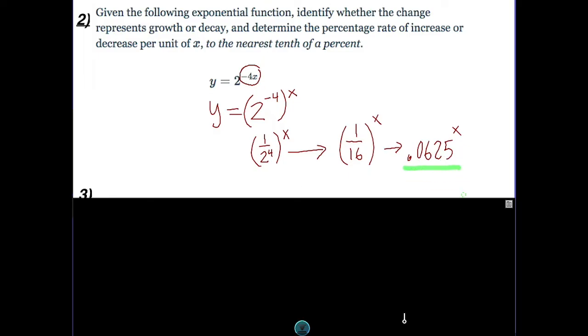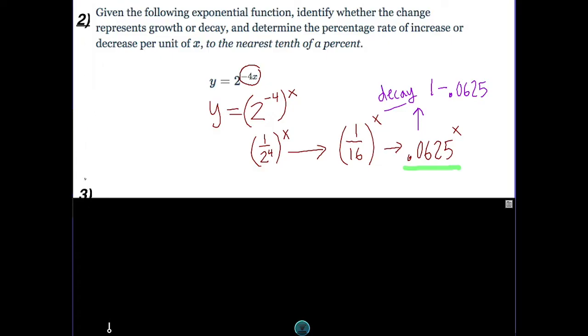Since that value is less than 1, we say that this is a decay problem. So let's go up here, decay. To find what the rate is, we're going to take 1 minus that value. That's the base.